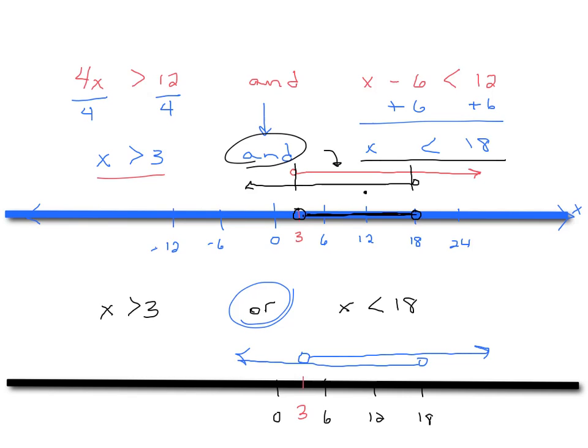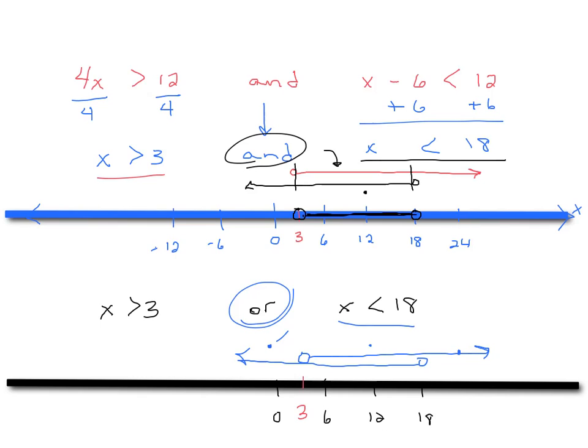So let's take 0 for instance. Is 0 greater than 3 or less than 18? Sure, because it's less than 18, it fulfills it. So this is a solution. Is 24 a solution? Is 24 greater than 3 or less than 18? Sure, because it's greater than 3. Is 12 a solution?